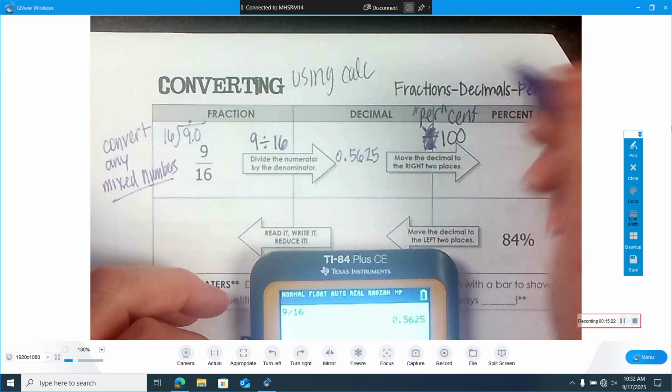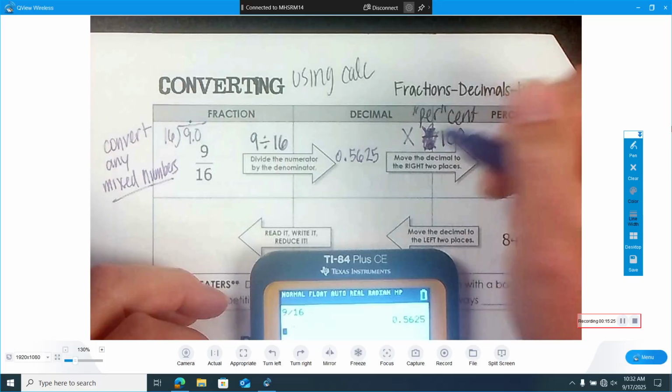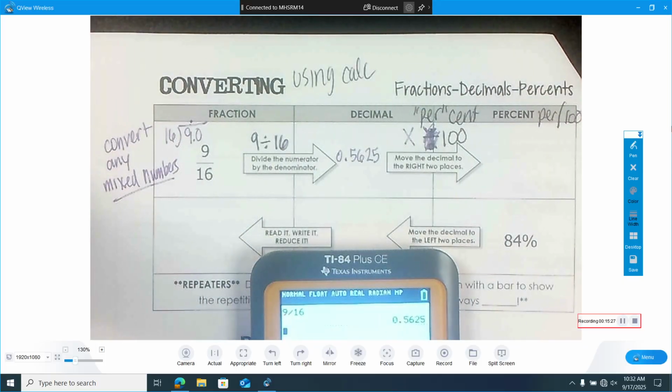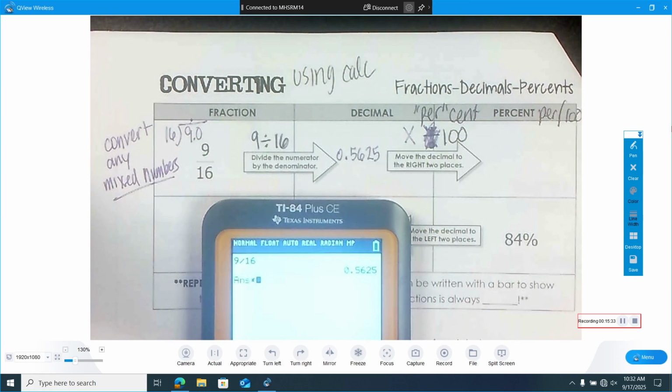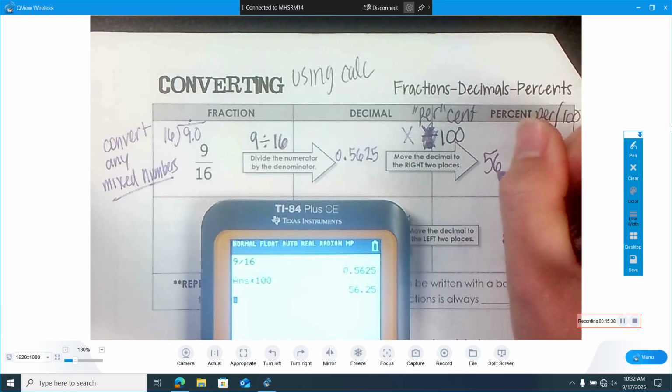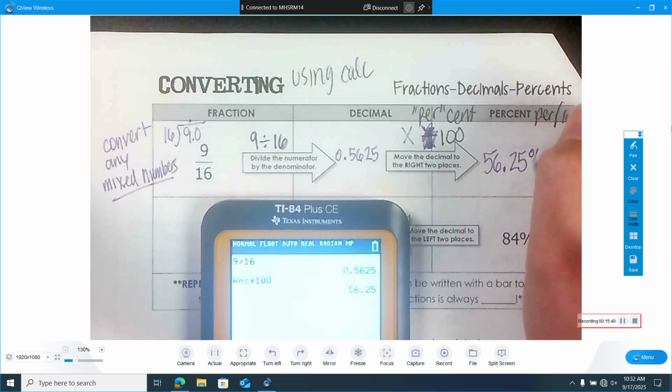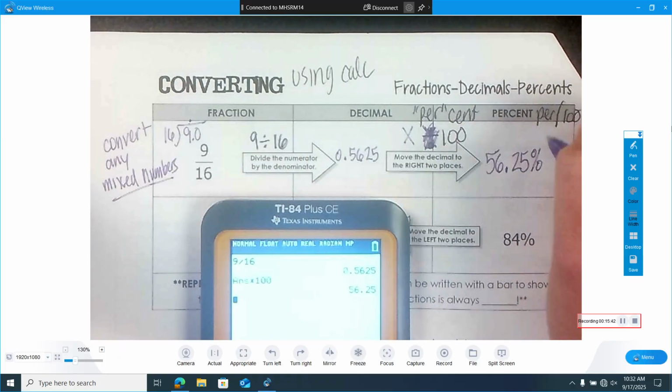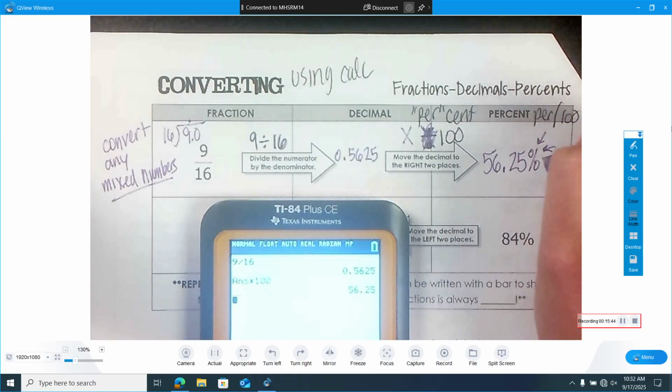That is wrong. For a percent, we are going to just multiply it by 100. So I can take a decimal and multiply it by 100, and that now becomes 56.25. And it's very, very important that you put this percentage symbol on there.